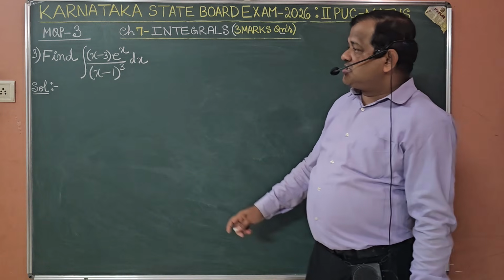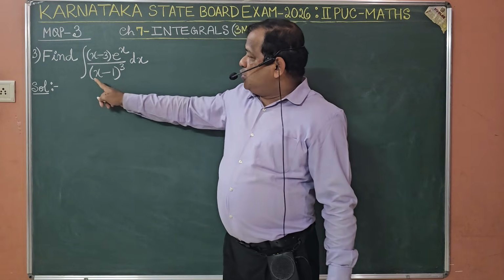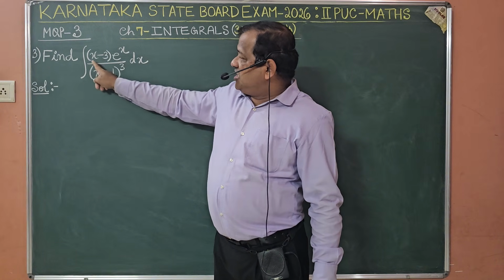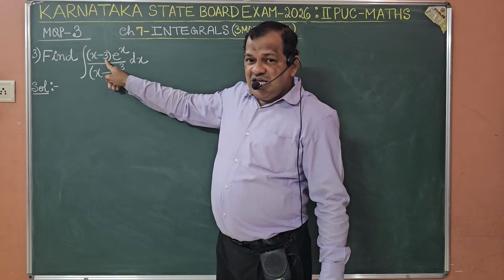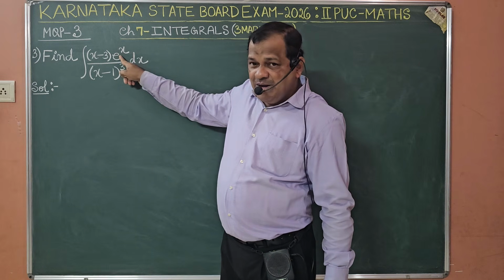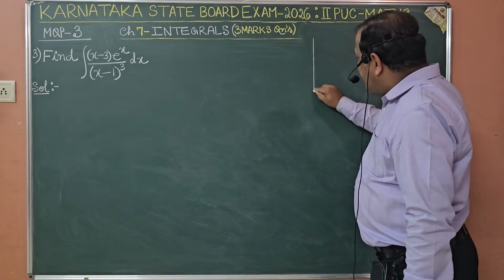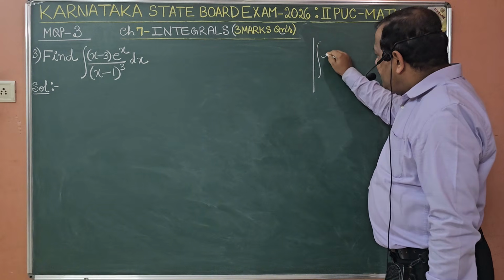Here is the third question from model question paper 3. You can read in the question, integral of x minus 3 into e power x. The moment you see this e power x, it should come under this formula. So I will write in the rough work side.